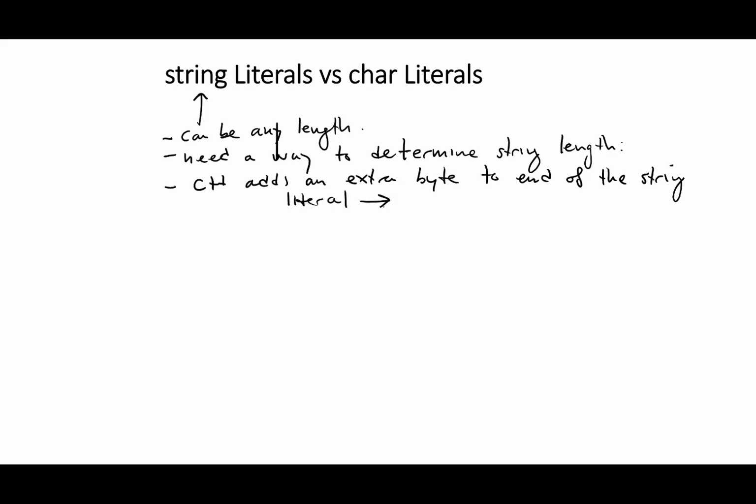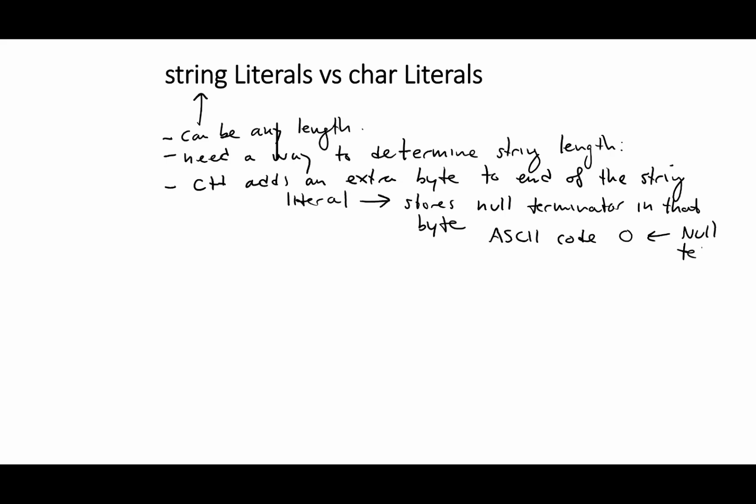And then it stores a null terminator in that byte. And what this null terminator is, first of all, is the ASCII code 0. So this is the null terminator.